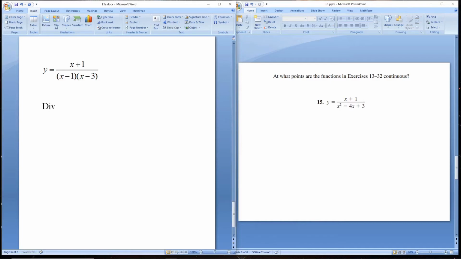We can see that there's division by 0 at 1 and 3. So 1 and 3 will cause division by 0. And division by 0 in this case is a vertical asymptote, and a function is discontinuous at vertical asymptotes. So at 1 and 3, this is where the function is discontinuous.